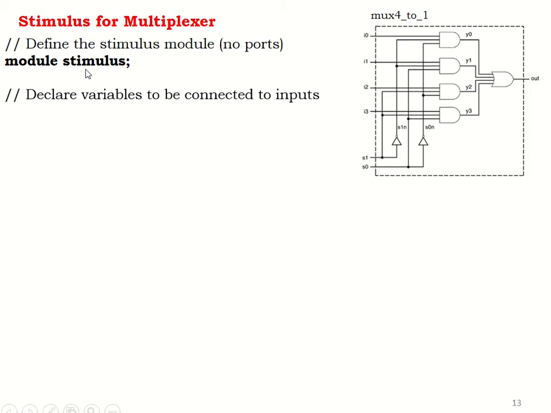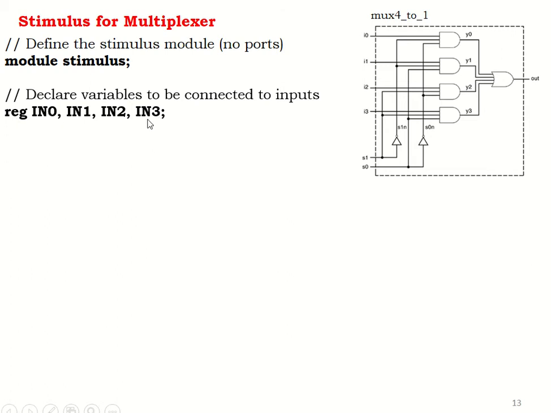Once the name of the module is defined, we need to declare the variables to be connected to the inputs. These are the inputs we used in the MUX 4_2_1 design, and this is the output we used. To connect these inputs and outputs to the variables of this stimulus, I need to declare those variables, and I am declaring IN0, IN1, IN2, IN3 as registers.